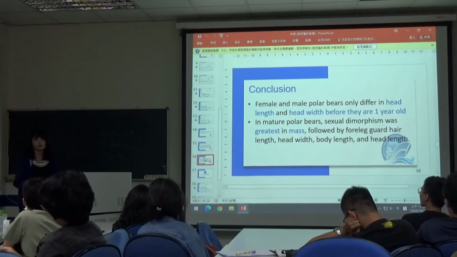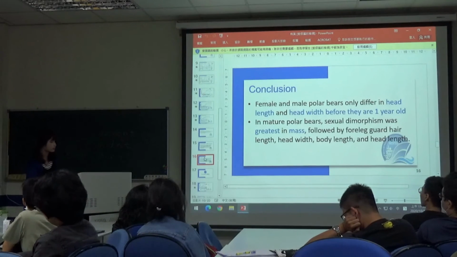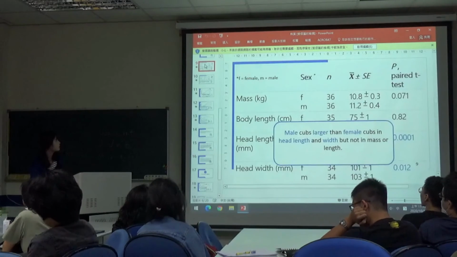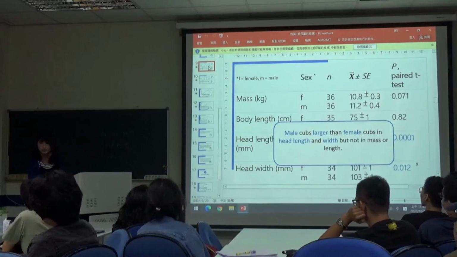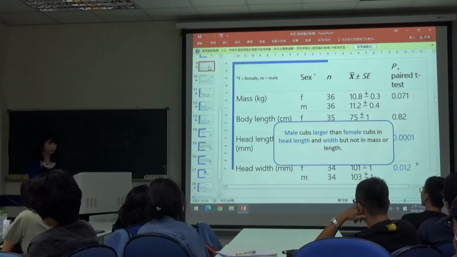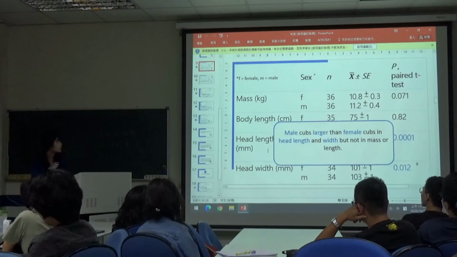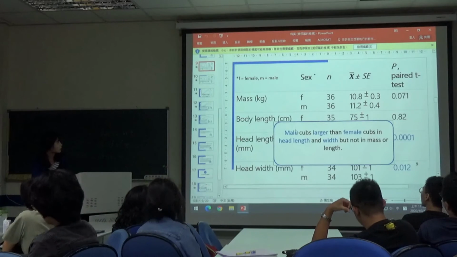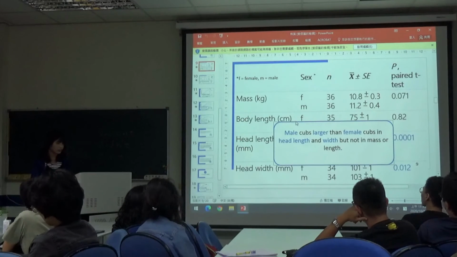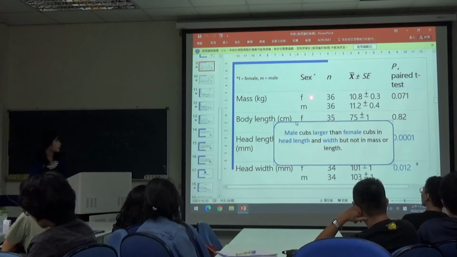Anna. Why is it different in mass and body length? Okay, and her question is why the difference in mass and in body length.